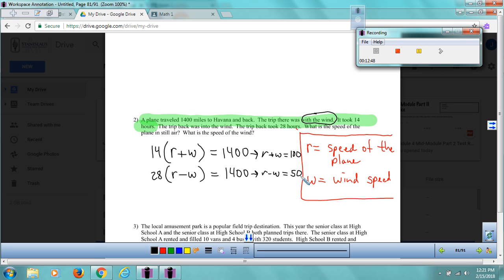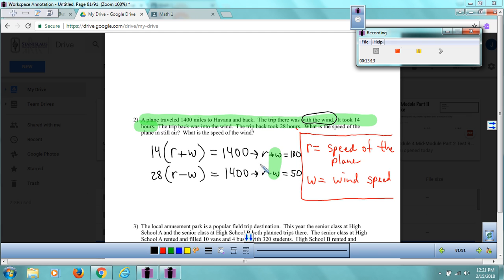Okay. All right, and so now we can solve this system. If you notice, they're all in the same form, R, W, equal sign, constant. Do you guys notice right here? Those are opposites. Positive W and negative W are opposites.